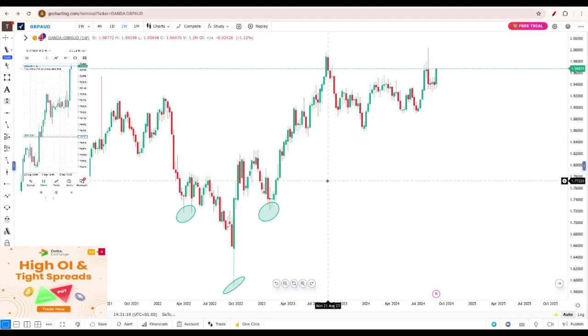Any sell trade should be ignored completely. Instead of you entering a sell trade on GBPAUD, it's better for you to just go elsewhere. Go and look at some other pairs. On this pair, we are only focused on buy trades. Anything aside from buy, we move on.